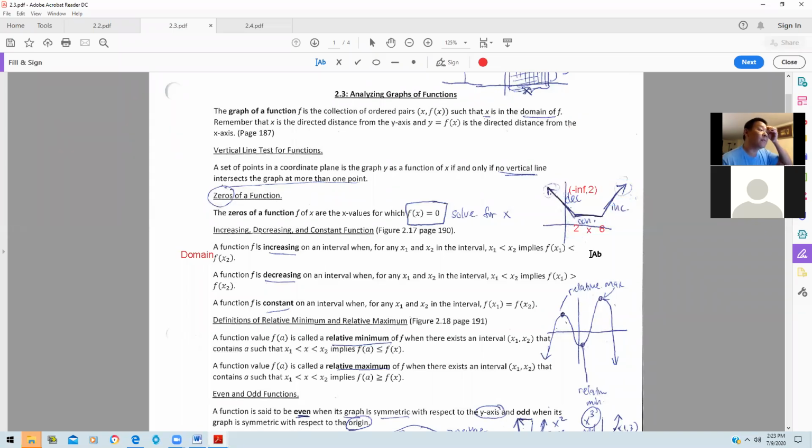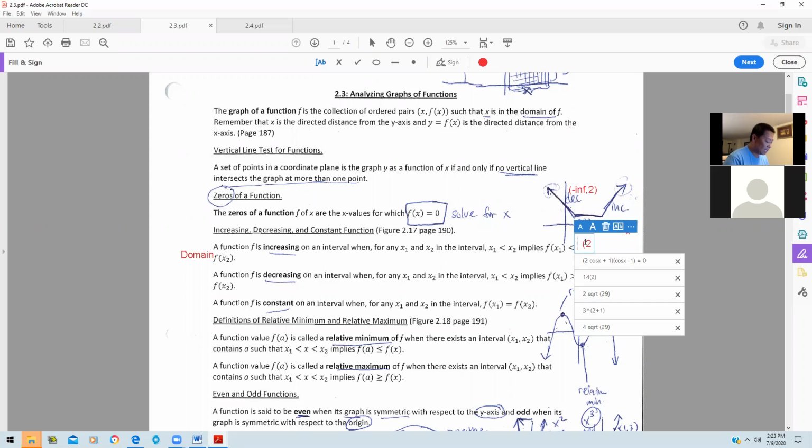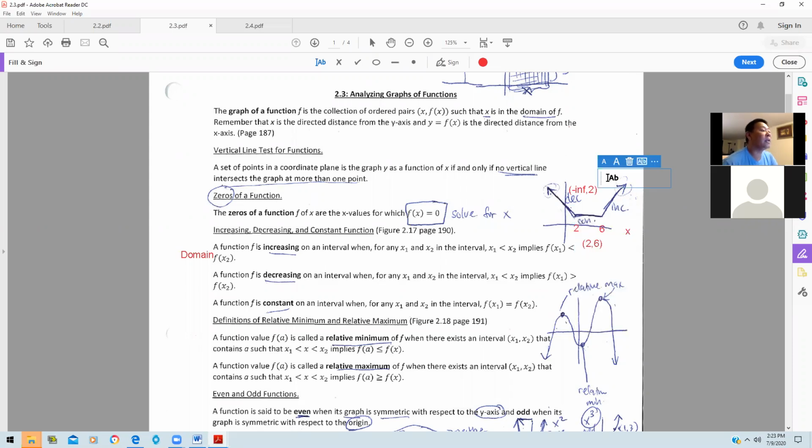The constant will go from 2 to 6. And increasing is 6 to infinity. So this is how you figure out increasing, decreasing, constant.